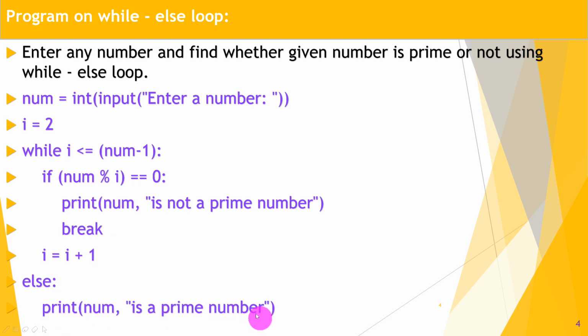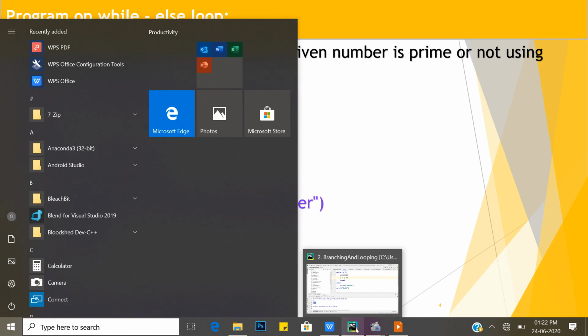That means if the number is not prime, then the if body is executed and break is automatically executed. If break is executed, the else part is not executed. But if not executed, then the condition becomes false, and that means that number is a prime number, because that number is not divisible by any number from 2 to number minus 1. Great guys, we will see that part in the IDE also.